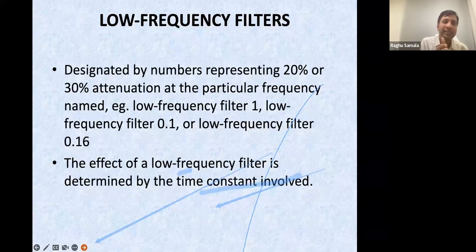Whereas in a high frequency filter at 70, anything above 70 will get attenuated.